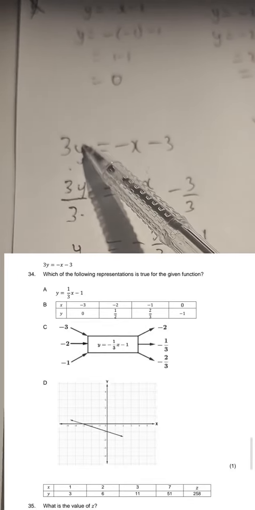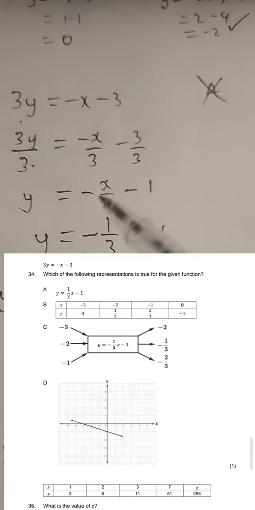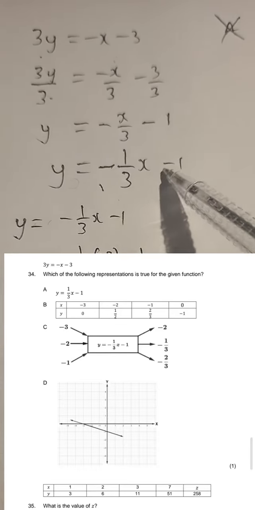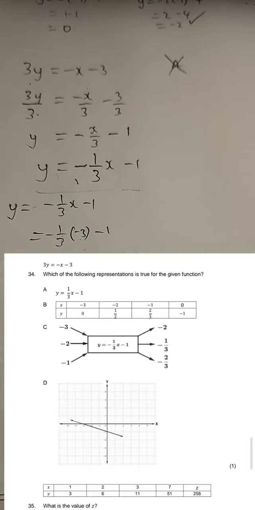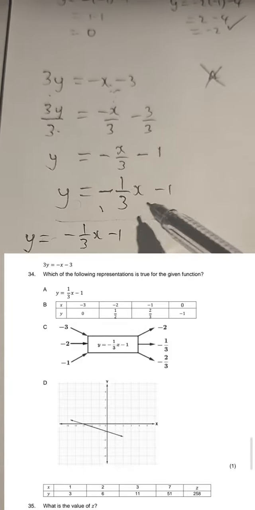We made y the subject, we isolated y, we divided all 3 terms by 3. Then we got negative x over 3 minus 1, which gives us negative 1 over 3x minus 1. So this here is a representation of this function. We get negative 1 over 3x minus 1.